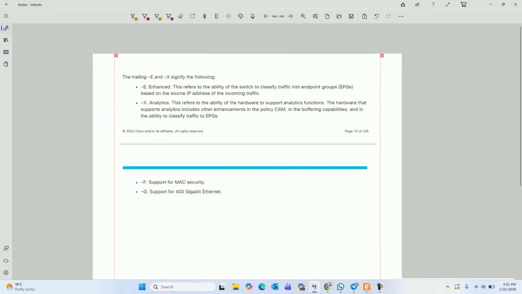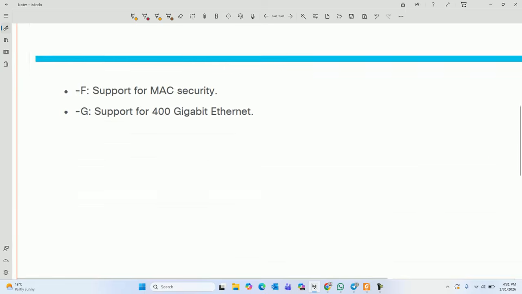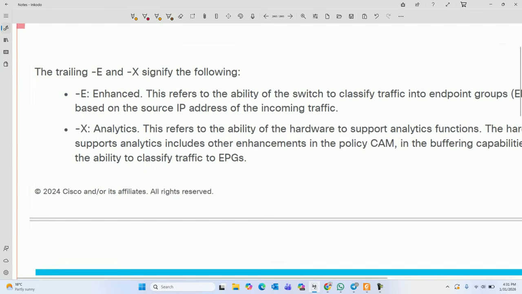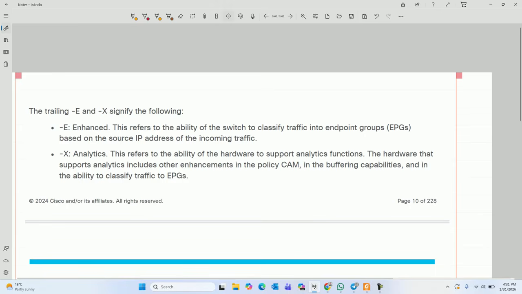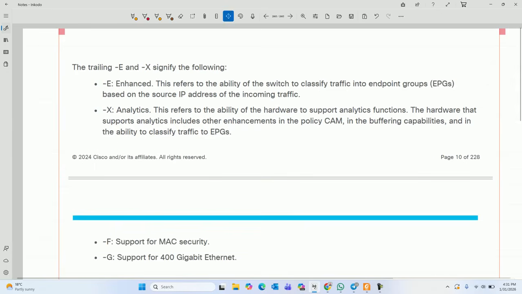If you see X, it means that this particular switch has more analytics capabilities. It can have more analytics data. E means enhanced, F means it supports max security, and if you see G, it means it supports 400 Gbps links.